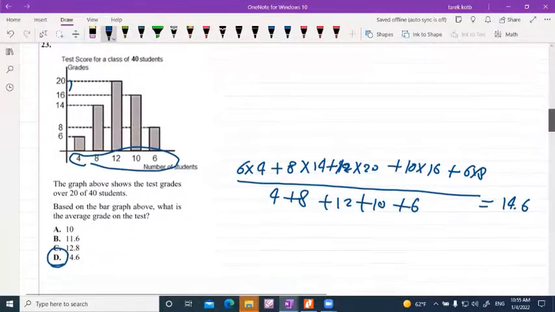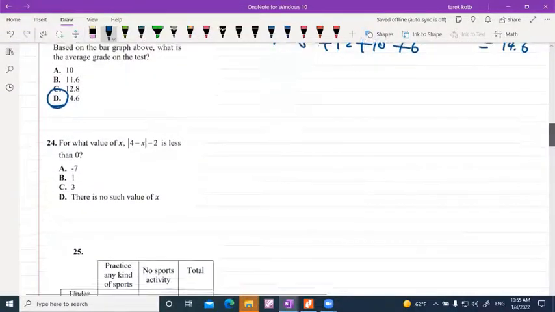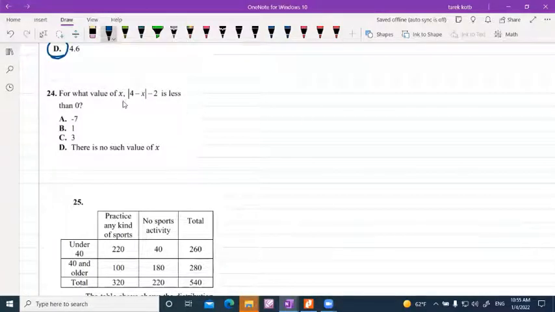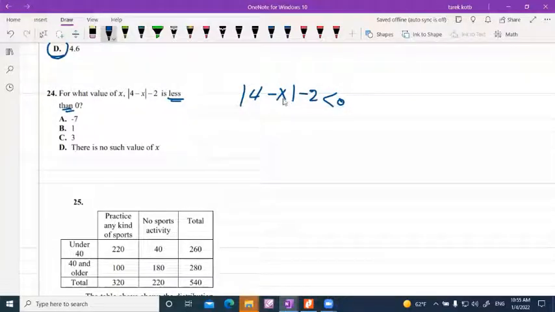Number 24, which value of x satisfies 4 minus x less than negative 2 less than 0. So you can plug in the x by one of these numbers to get the correct answer.